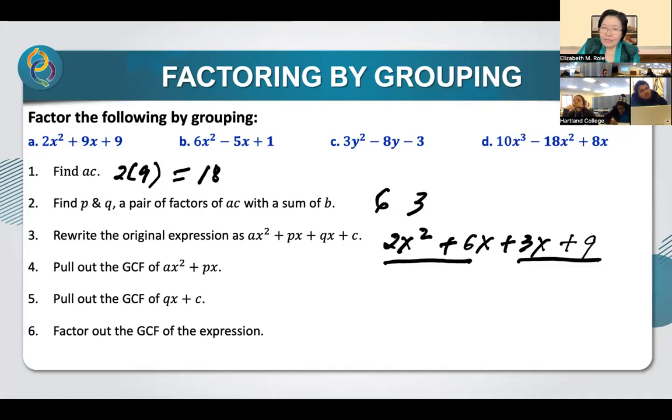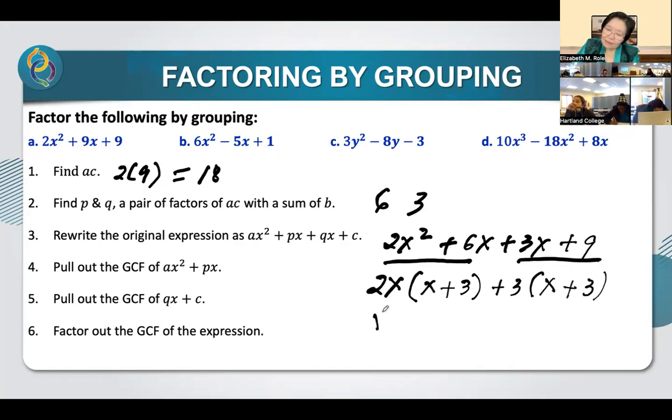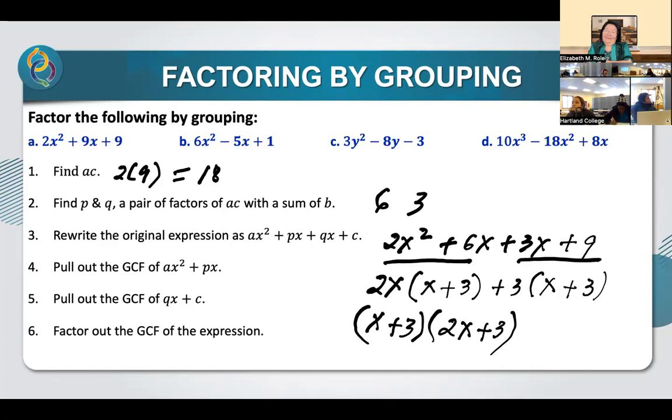What's common between 2x squared plus 6x? 2x. Then I will now have x plus 3. Common for 3x and 9 is 3. I will now have x plus 3. Then factor out: x plus 3 times 2x plus 3. That's a lot of steps. Very good.